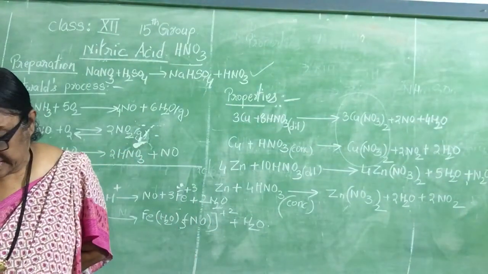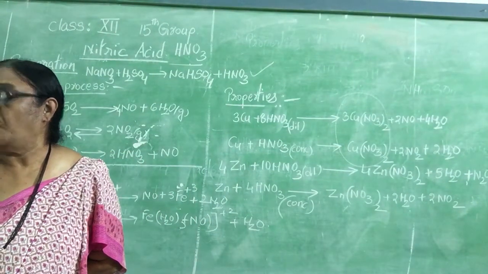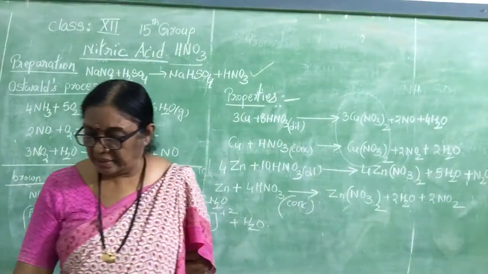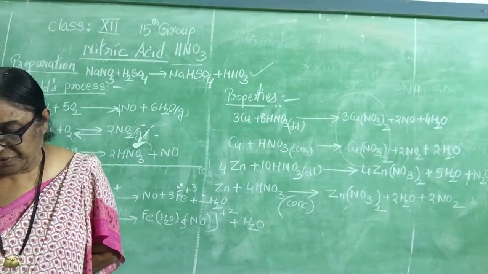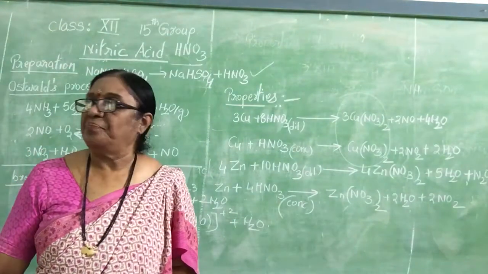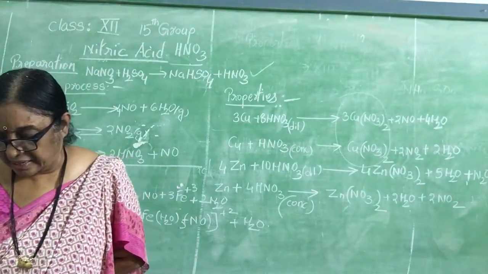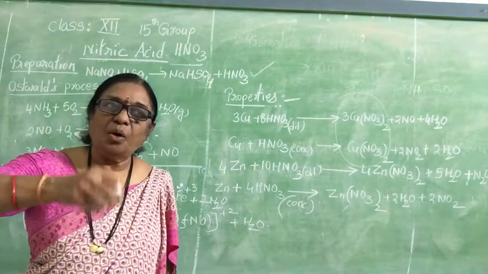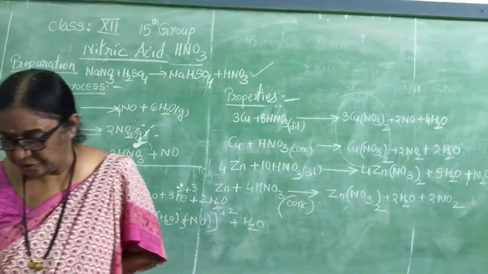This test is usually carried out by adding dilute ferrous sulfate solution to an aqueous solution of nitrate and then carefully adding concentrated sulfuric acid along the sides of the test tube.